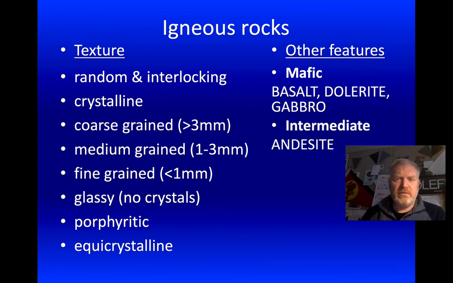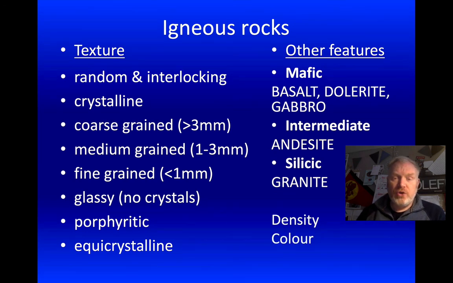Whether it's intermediate, andesite is an intermediate rock. Whether it's silicic, like a granite. So use those words in question 9. We could also talk about some of the other features that we see there, like density, colour, but it's really the texture and words to do with composition that matter.